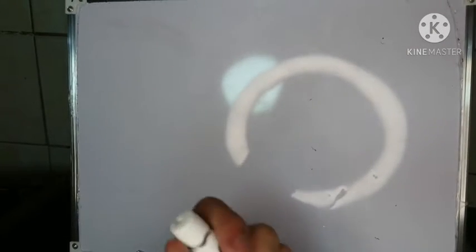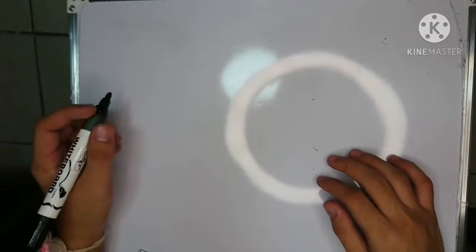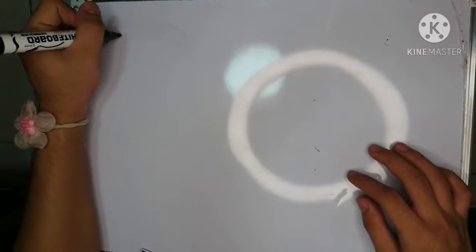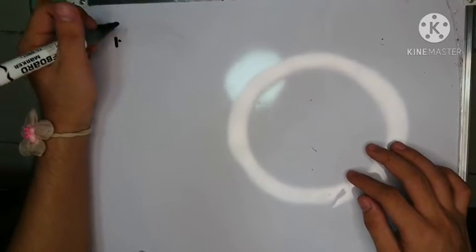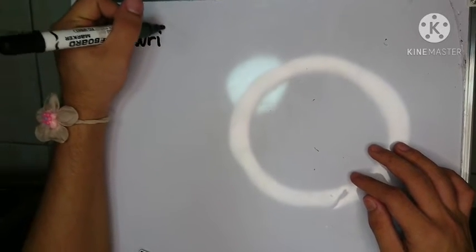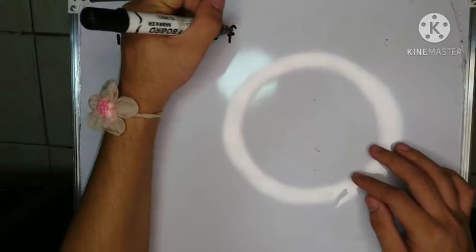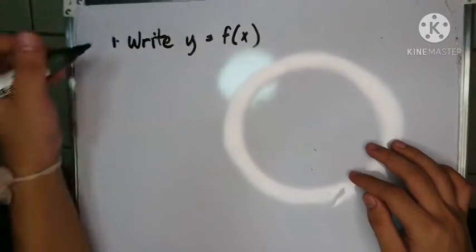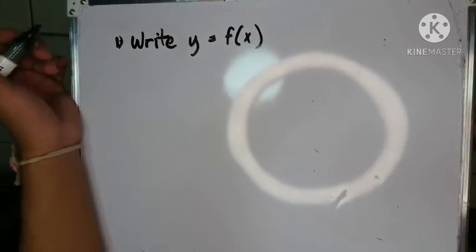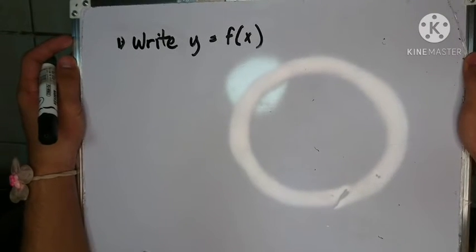So first we have to follow the instructions on how to find the inverse of a function. Step 1: write y equals f(x). This is the first step to do while we're doing the inverse function.